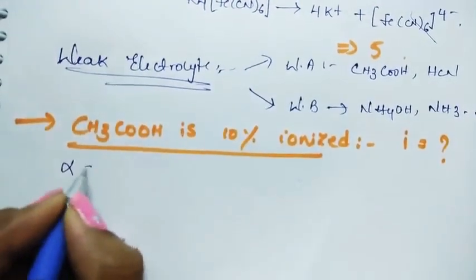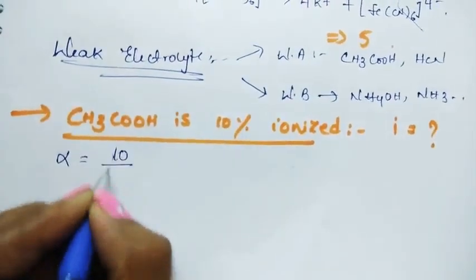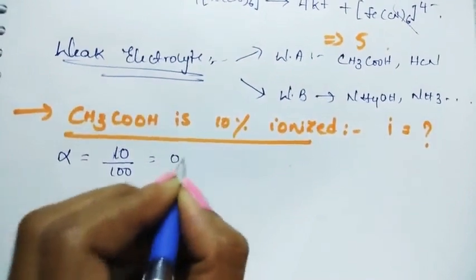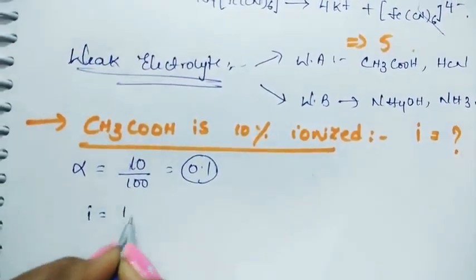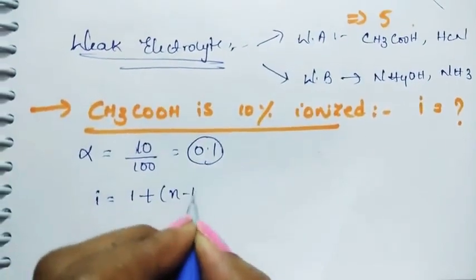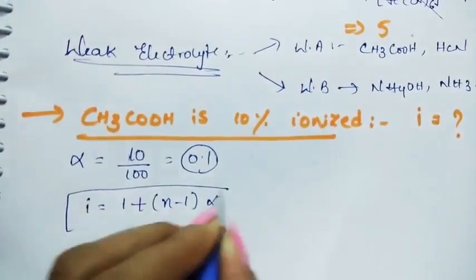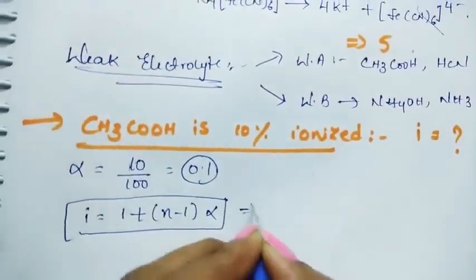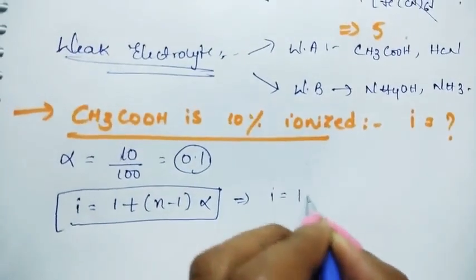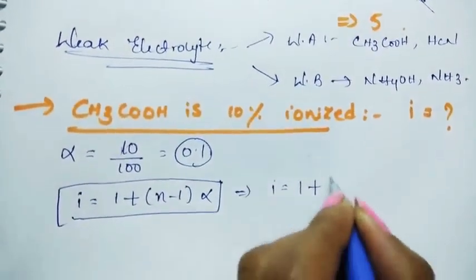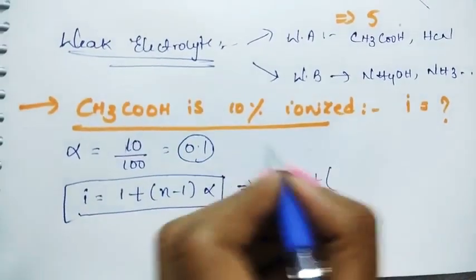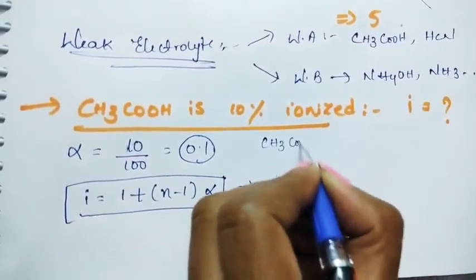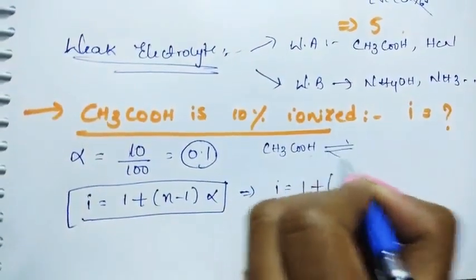10% ionized means what is alpha? 10 by 100, which is equal to 0.1. What is the formula to calculate i for dissociation? i = 1 + (n - 1) alpha. This is the formula, and substitute the alpha value in this. i is equal to 1 + (n - 1) alpha. What is the number of ions for acetic acid, CH3COOH?